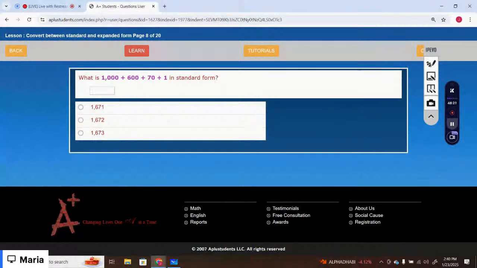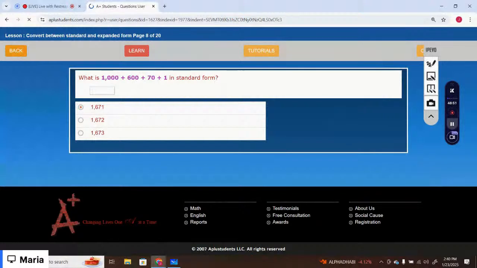What is 1,000 plus 600 plus 70 plus 1 in standard form? That is 1,671. Option number 1 is the correct option. Okay, we are done with the lesson.